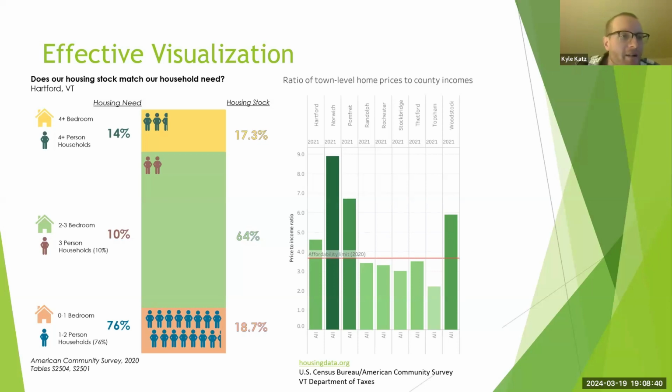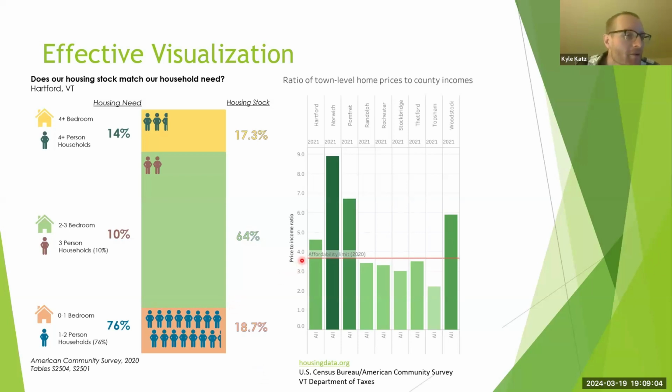So here I've provided two examples of different bar charts. The one on the left here is essentially a comparison. It's taking two American Community Survey data sets, housing need and housing stock, and comparing them. It's saying, okay, we tend to have very small households.